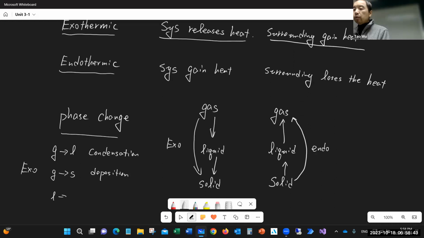And from liquid to the solid, this is called freezing. So those processes are all exothermic. And the other half, from liquid to the gas, this is called vaporization.